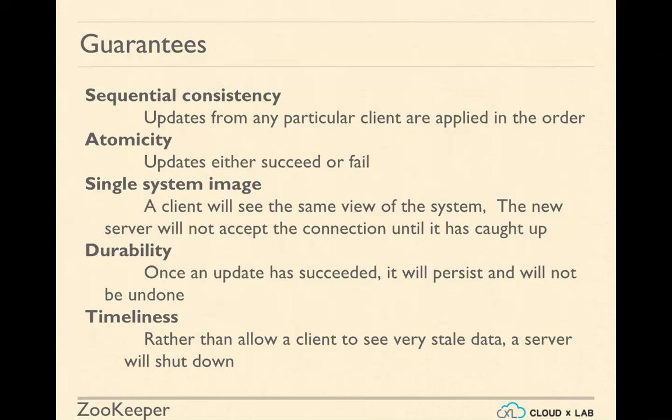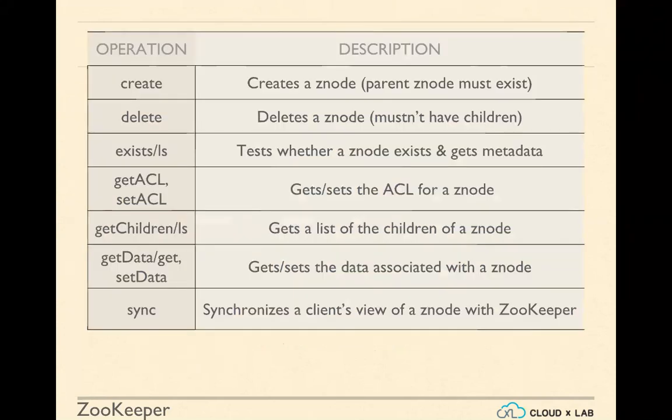So these were the various guarantees provided by Zookeeper, starting with sequential consistency, atomicity, single system image, durability, and timeliness. Further, these are the methods provided by Zookeeper: create, delete, check if it exists or not, get the access control list, change the access control list, get the children, get the data, and synchronize our client's view of a znode with Zookeeper.